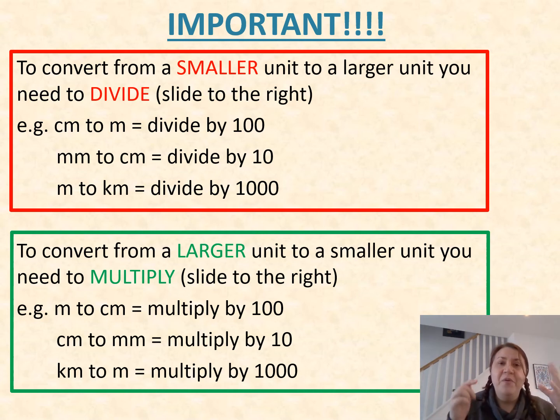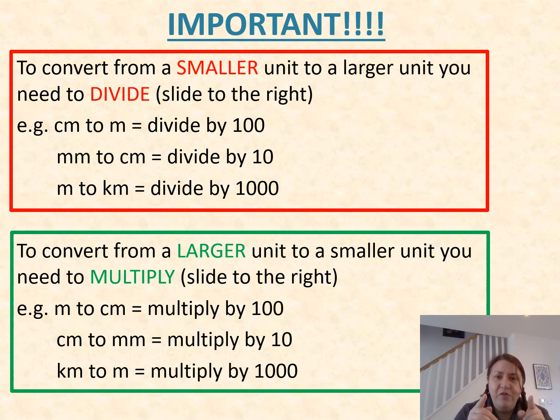But to convert from the larger to the smaller, you're going to do the opposite. You're going to multiply. Metres to centimetres, multiply. Centimetres to millimetres, multiply. Kilometres to metres, multiply. So we're going to keep saying that over and over again. To go from smaller to bigger, you divide. To go from bigger to smaller, you multiply.